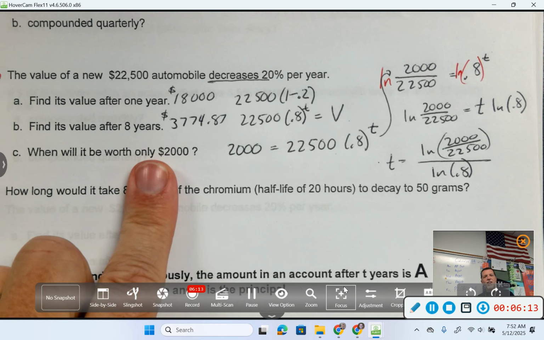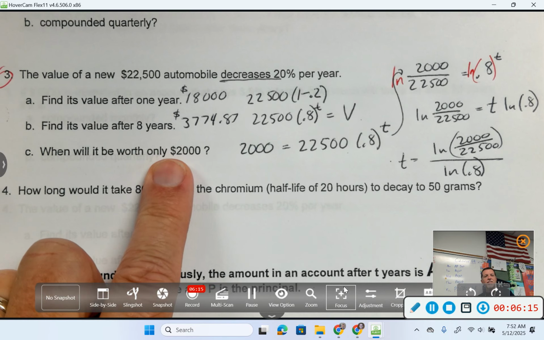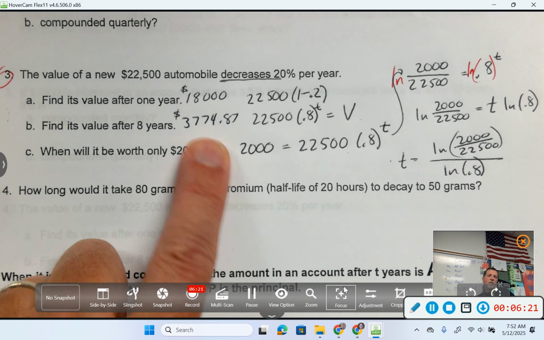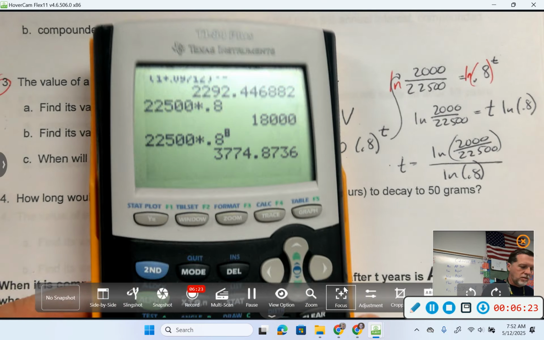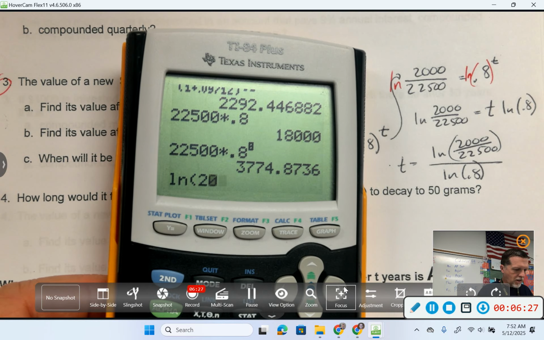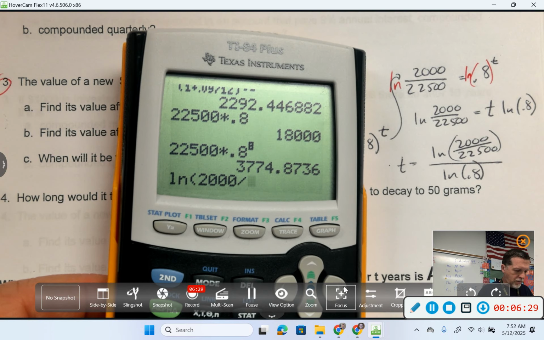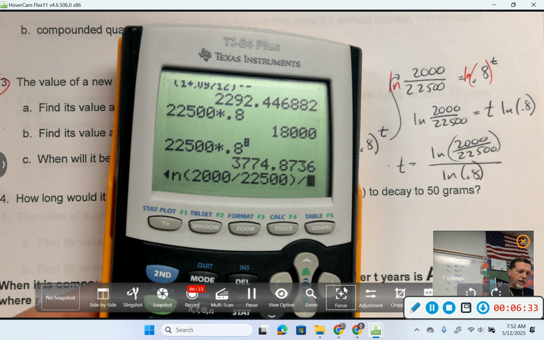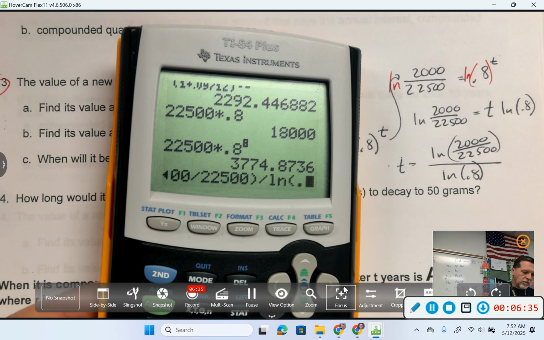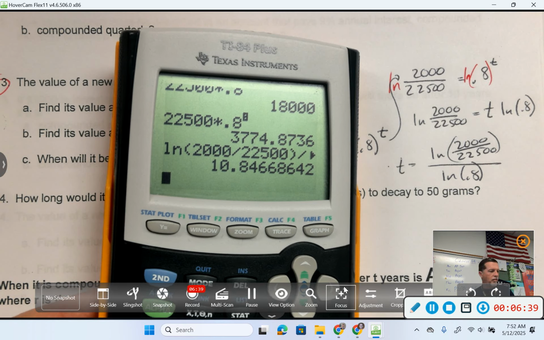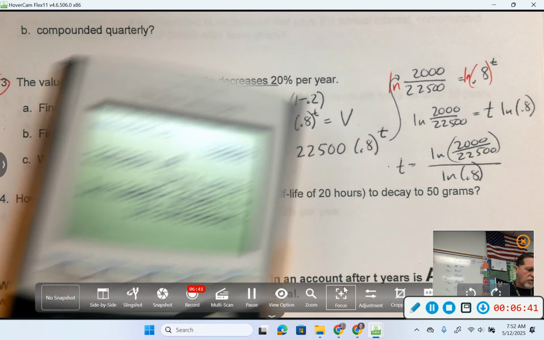Any guesses on how long it's going to take to get to 2,000? Is it going to be more than 8 years or less than 8 years? More. So already it's more than 8 years. I don't know how many more, but let's see. Natural log 2,000 divided by 22,500, close parentheses, divided by natural log of 0.8. 10.846, 847.